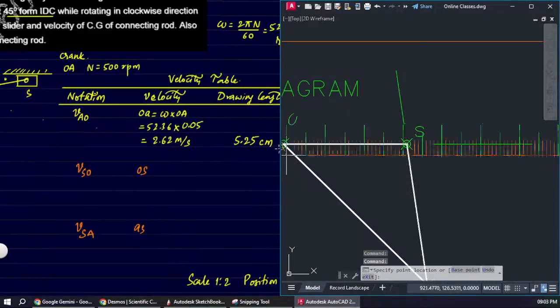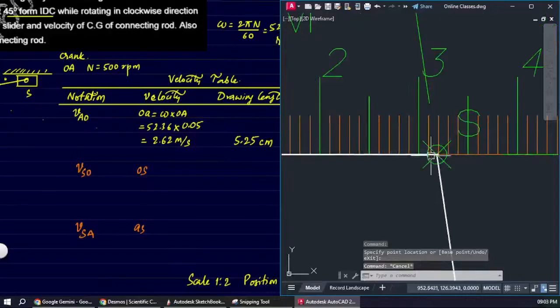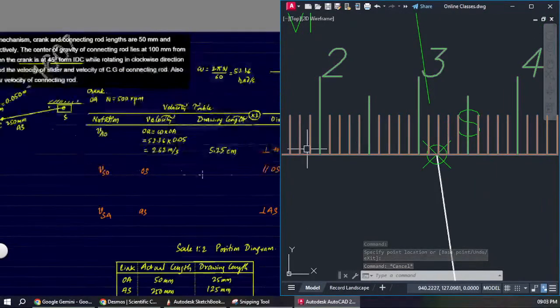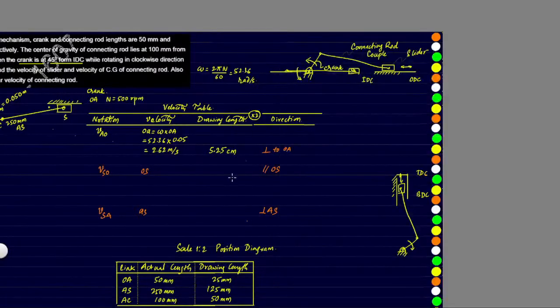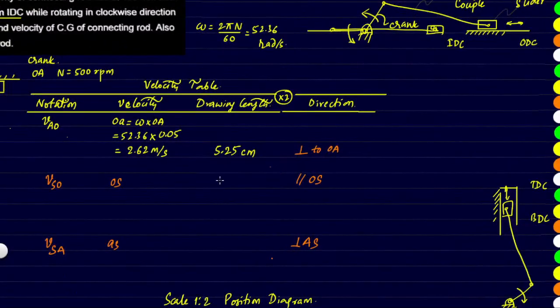When we measure the length OS, this is almost 3.2. So the OS length we found is 3.2 centimeters. This is the drawing length that we have got. For getting the drawing length, we had multiplied with 2.